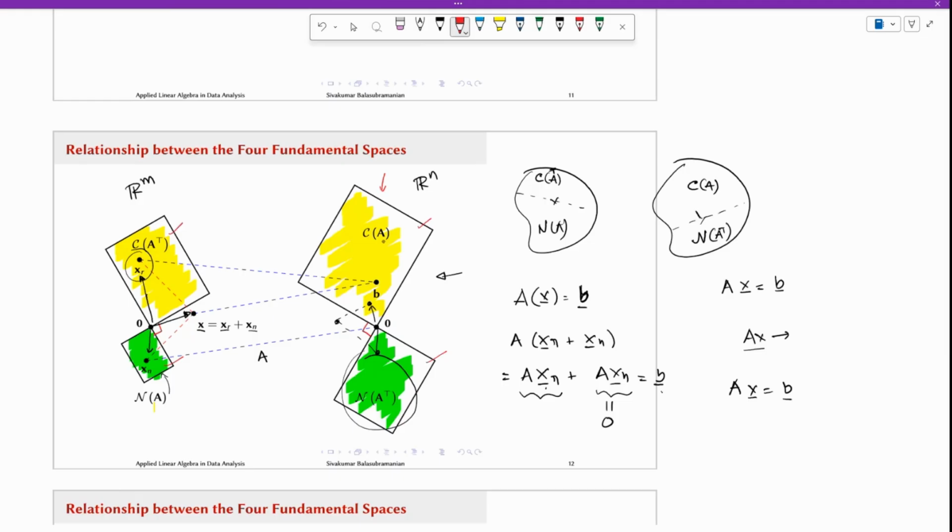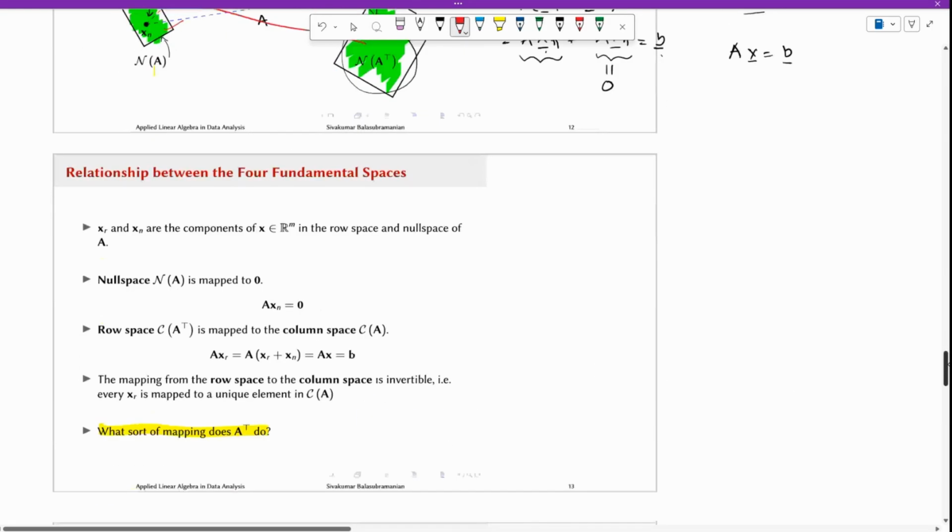Because the row space is C of A transpose. If you started with A transpose, then C of A is the row space, because C of A transpose transpose is A. So this gets mapped here. This whole thing gets mapped to 0. You cannot reach this region. That's okay. This is what I wanted to cover, and we'll stop there.